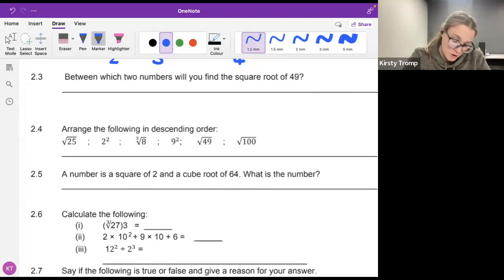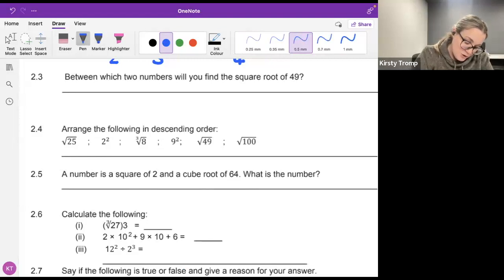Tatenda, tell me, between which two numbers will you find the square root of 49? Ma'am, I think it's 36 and 64. Okay, good. What is the square root of 49, Tatenda? The square root of 49, ma'am, sorry. What is the square root of 49?